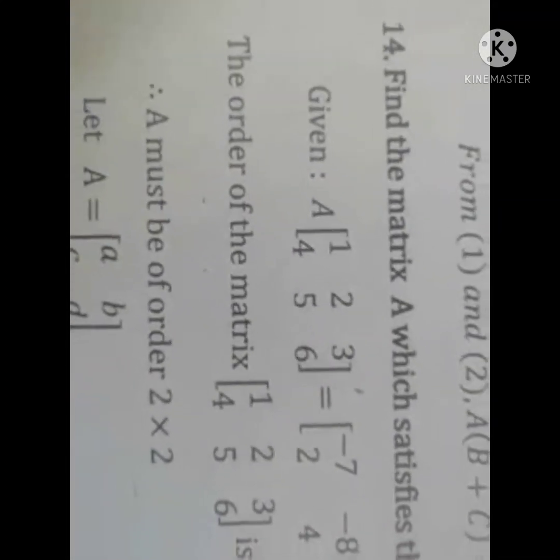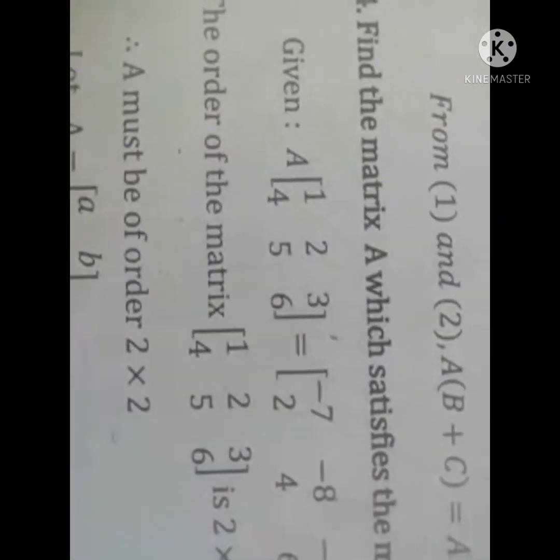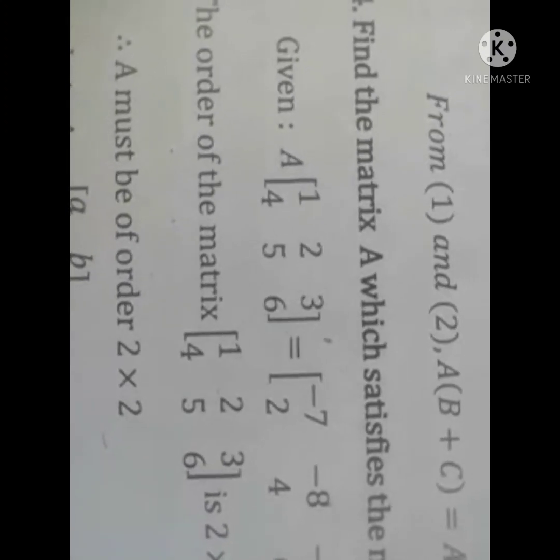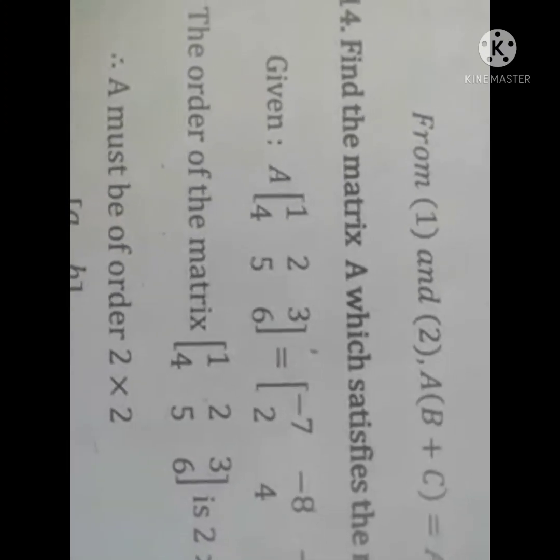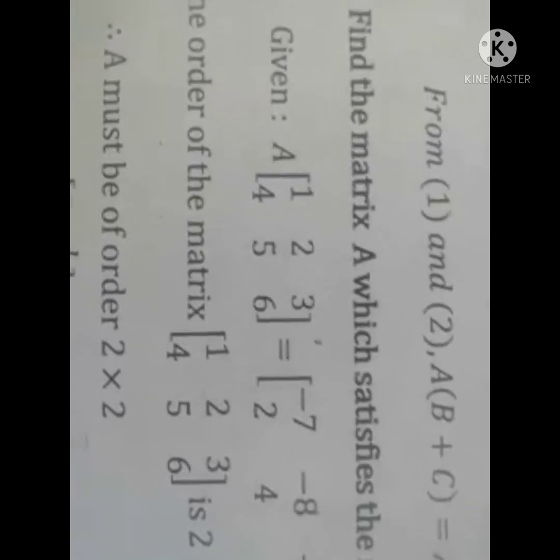A into this means we will get the answer also 2 cross 3. If you multiply this matrix, it is also 2 cross 3. So A must be of order 2 cross 2. Then only you get the answer as 2 cross 3, since B is 2 cross 3 only.